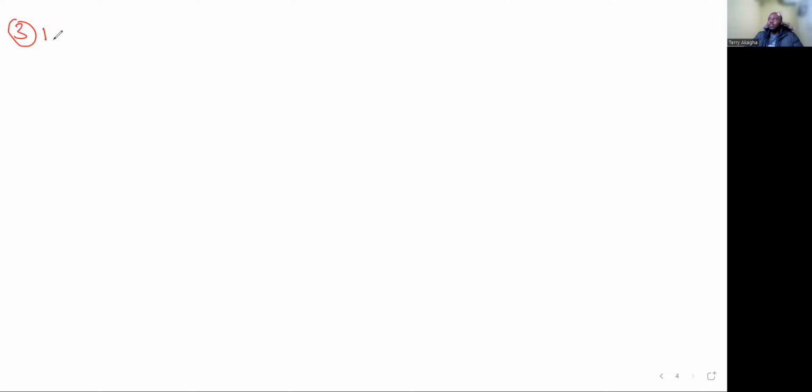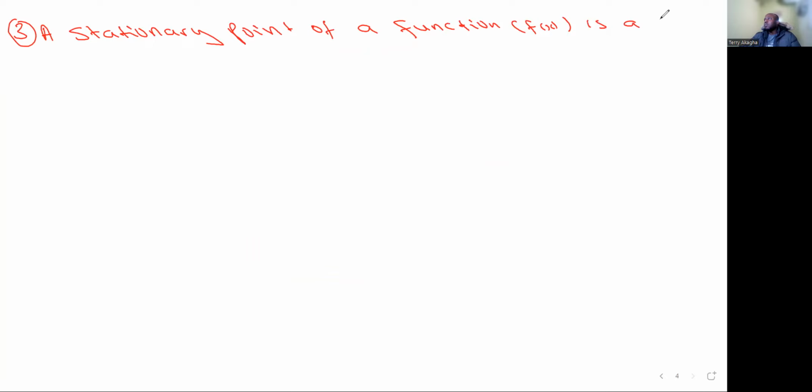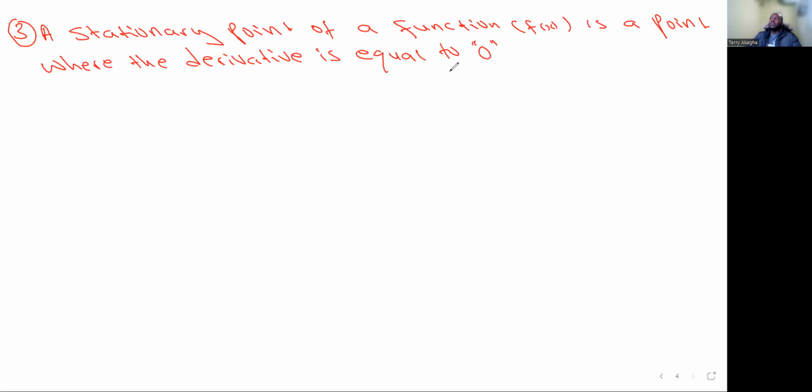So a stationary point of a function f of x is a point where the derivative is equal to 0.